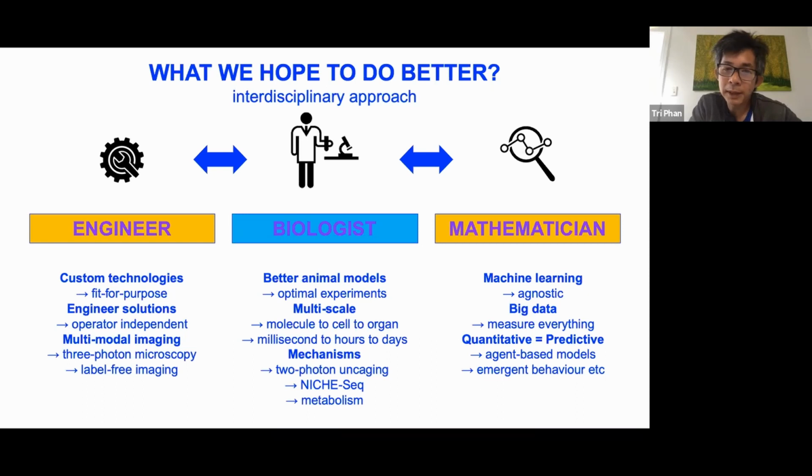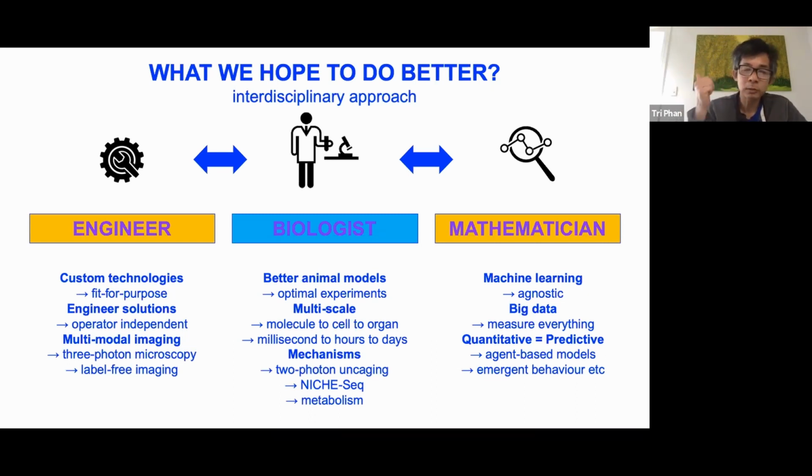What we're hoping is that it would allow us to be far more quantitative and far more predictive, and take advantage of things like agent-based modeling or emergent behavior, or whatever your artificial intelligence method of choice is. The upshot of all of that is that we'll be able to have better animal models to allow us to do much more optimal experiments.